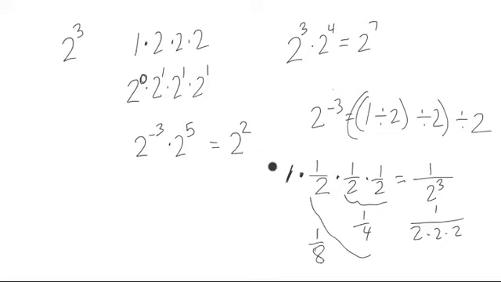So if we have an expression like 3 to the negative 5 times 2 cubed, we could rewrite this simply as 2 cubed over 3 to the 5th.